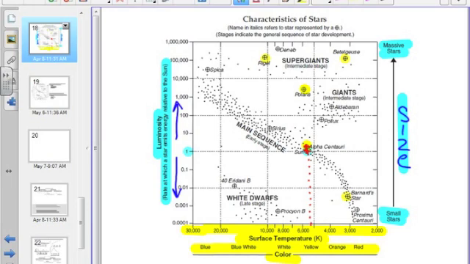They would be yellow stars with a temperature of about 5,100 Kelvin. But they vary as you go to the luminosity and size scale. In that case, then we do see a difference. Alpha Centauri, being above the sun, would be more luminous than our sun and would also be bigger than our sun.